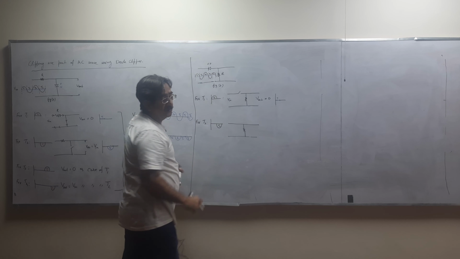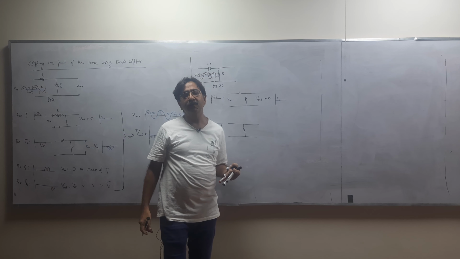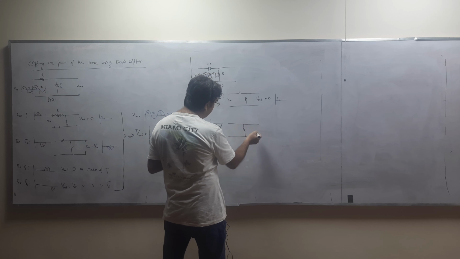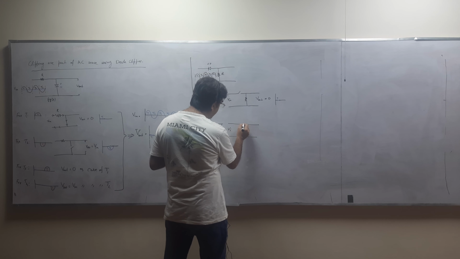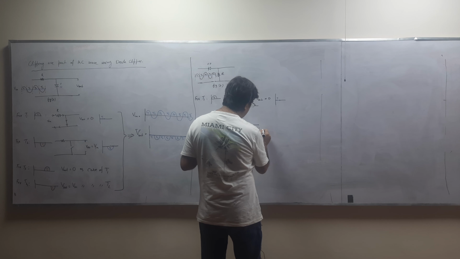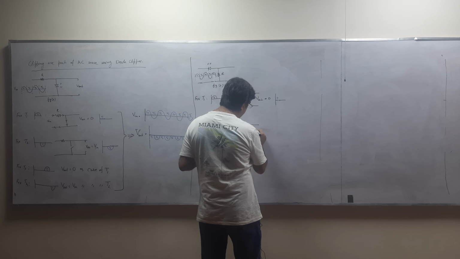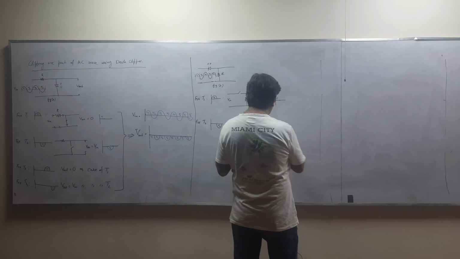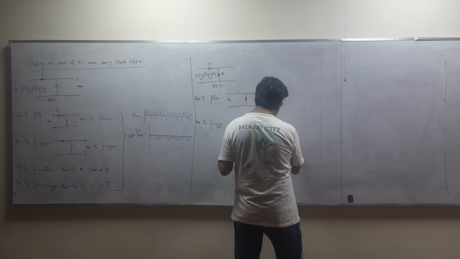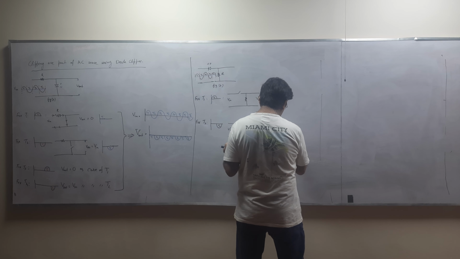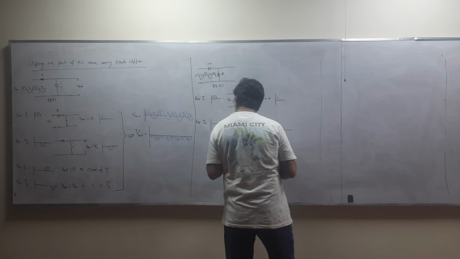Now the negative is connected with the negative and the positive with the positive, so the diode becomes a short circuit, and voltage will pass here. At this point the voltage will be the same, so V out will be equal to V in. This is T2.